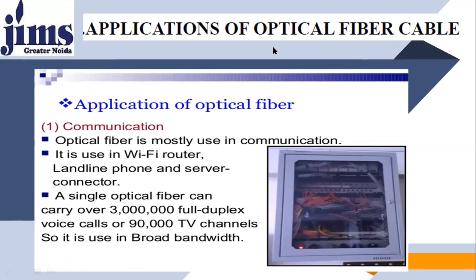If you compare this optical fiber with transmission lines, there are various advantages of using optical fiber over transmission lines, because optical fiber is immune to electric shock. There is no electric shock when you work on optical fiber.